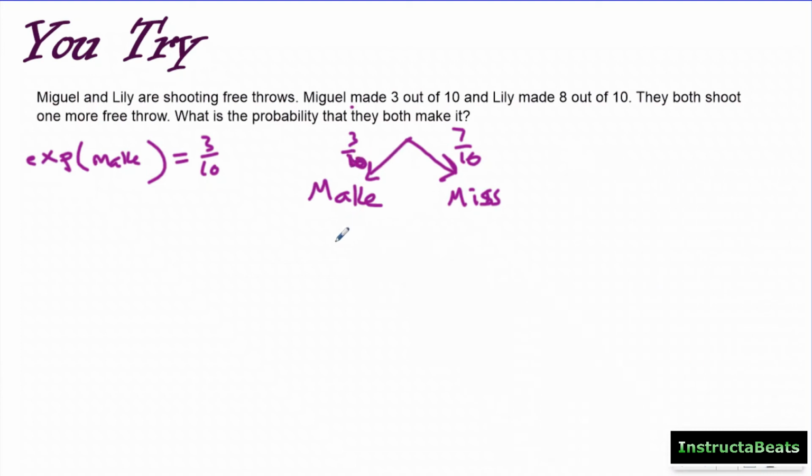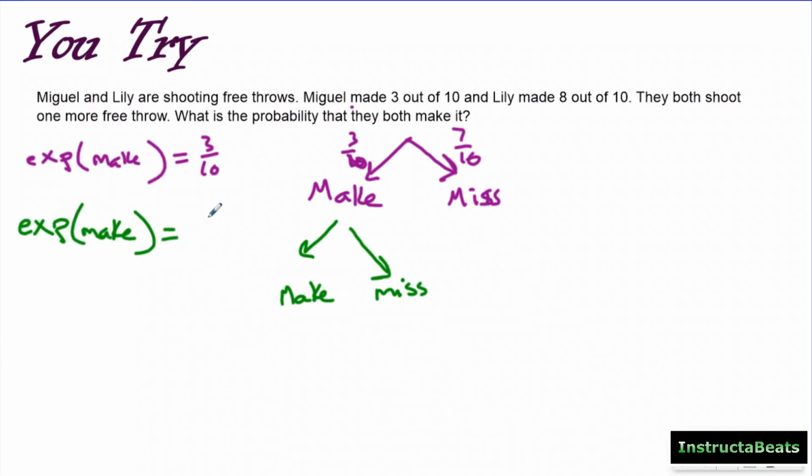And then Lily shot hers, and if Miguel makes it, there's still 2 options for Lily. She can either make it or she can miss it. Oop, my arrow's uneven, but that's okay. And Lily has an experimental probability to make it of 8/10, which I'm going to simplify to 4/5.